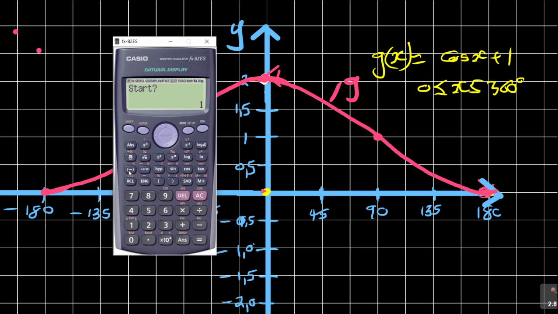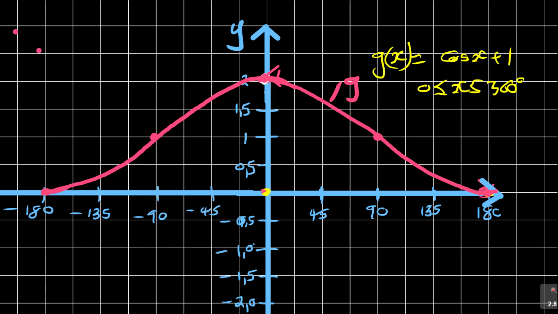Then start from negative 180, end in 180, step 45, because I'm using 45 here. Look at this. Negative 180 is 0. So negative 135 is 2, negative 180 is 0, negative 135 is 2.